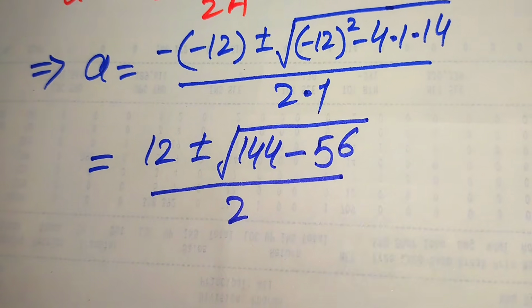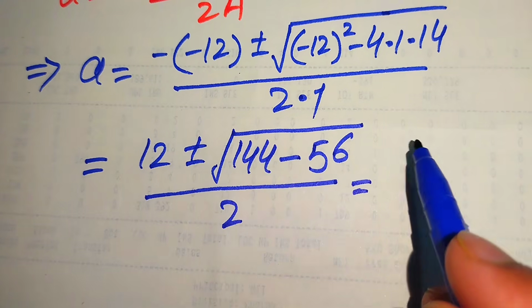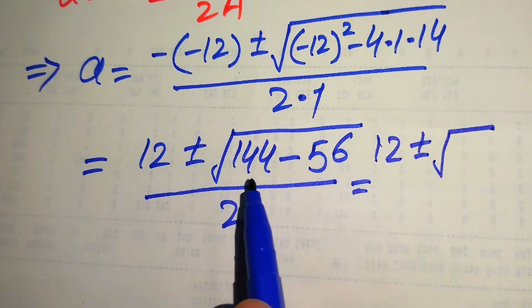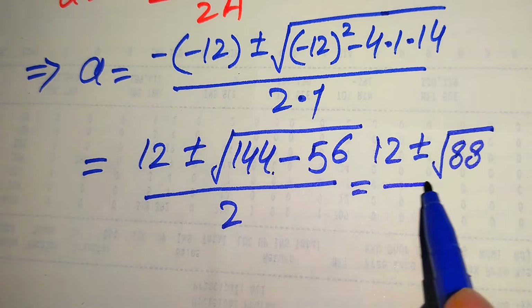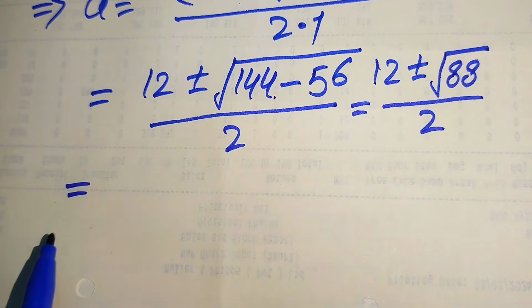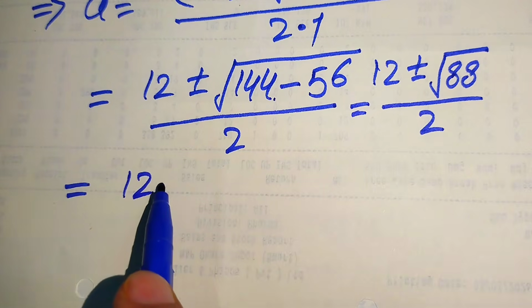Now in the next step we need to focus inside the square root sign, and we subtract both of these two values. After subtraction, 144 minus 56 is equal to 88, and it is divided by 2. Now in the next step we rewrite this 88 in this form.